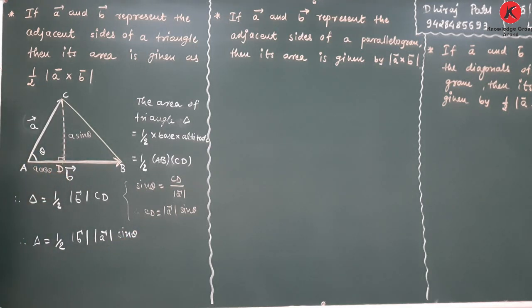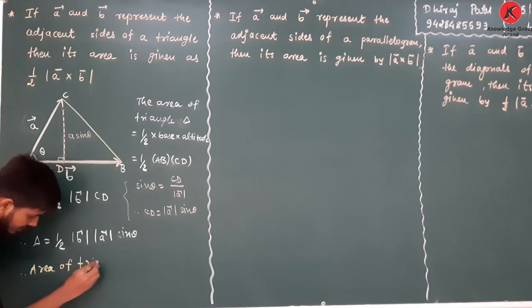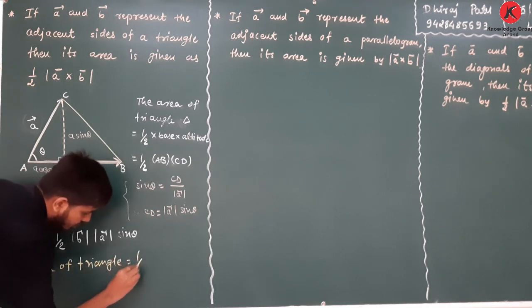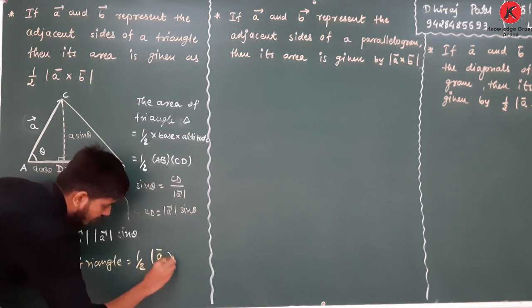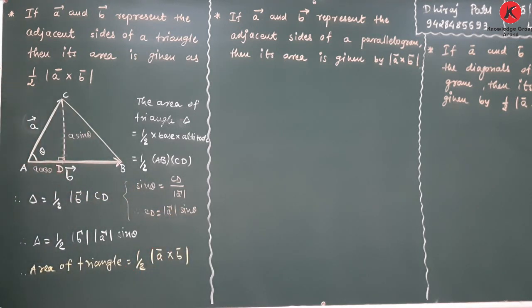We know that magnitude of A into magnitude of B into sin theta equals the magnitude of the cross product of vectors A and B. You can write B cross A or A cross B, since it is a magnitude, direction has no importance. Therefore the area of the triangle equals half magnitude of vector A cross vector B.